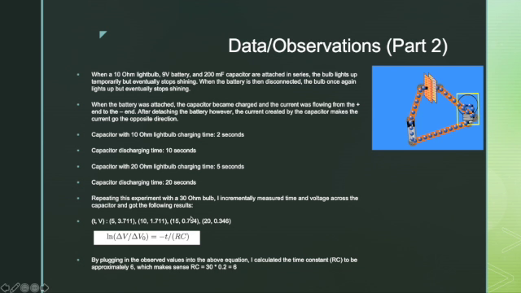I took these values and plugged them into this formula right here, which relates voltage, time, and the time constant. When I plugged in these values and calculated the time constant for each one, each calculation brought the time constant to around 6, which makes sense since resistance times the capacitor value is 30 times 0.2, which comes out to about 6.